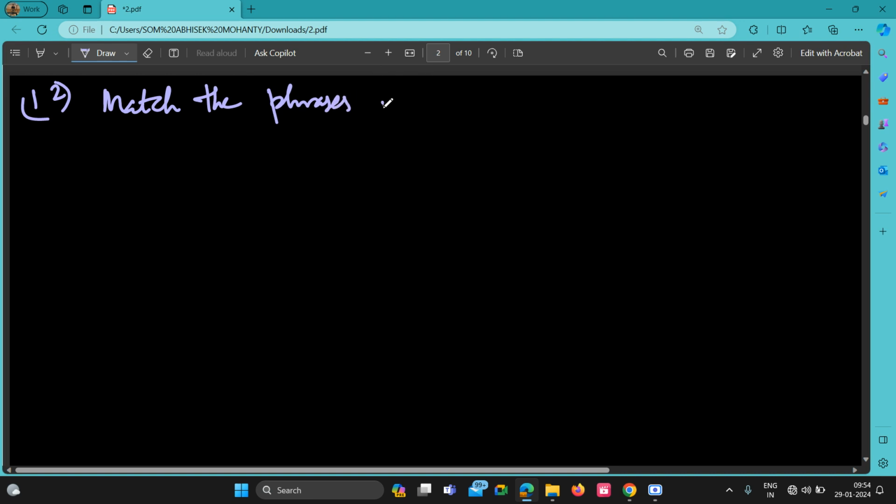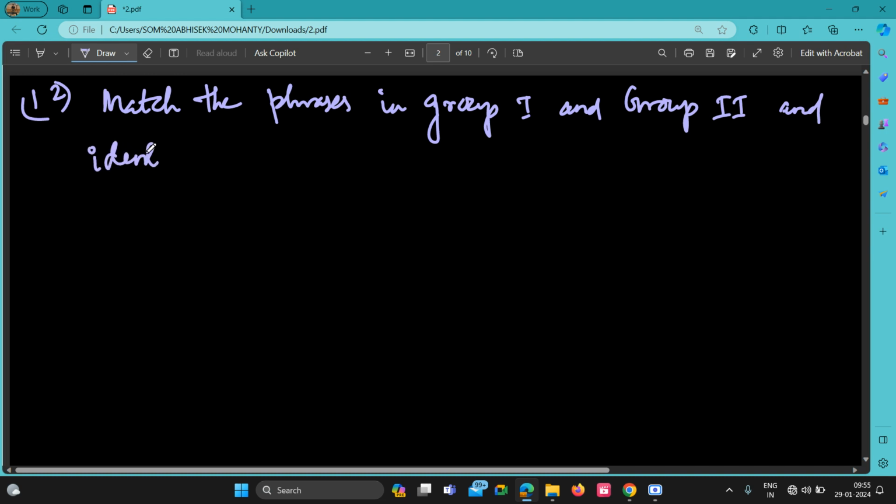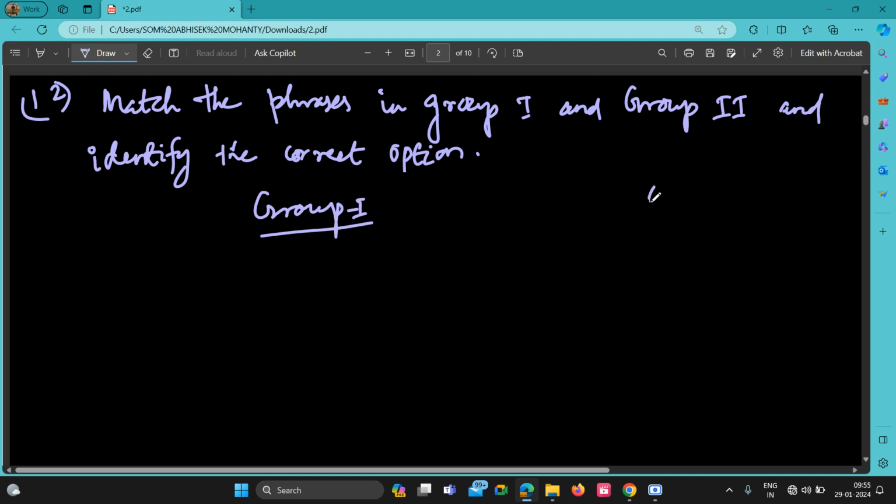Match the phrases in group I and group II and identify the correct option.